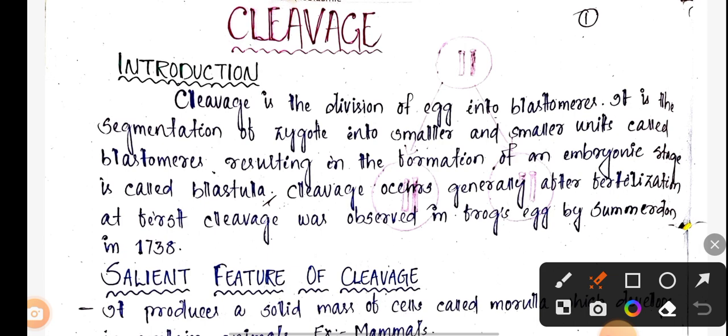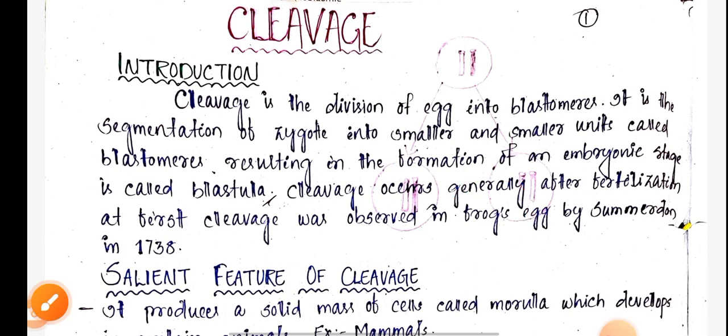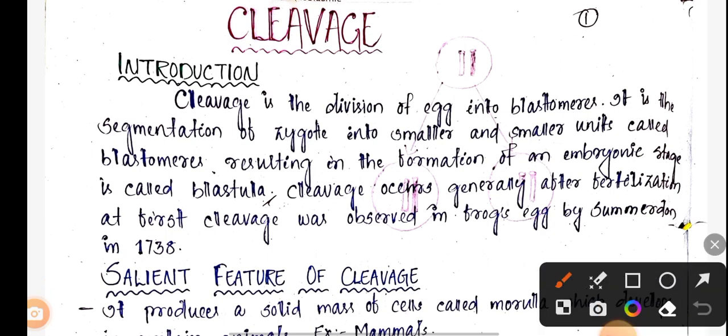Cleavage occurs generally after fertilization. Cleavage was first observed in frogs' eggs by Swammerdam in 1738.